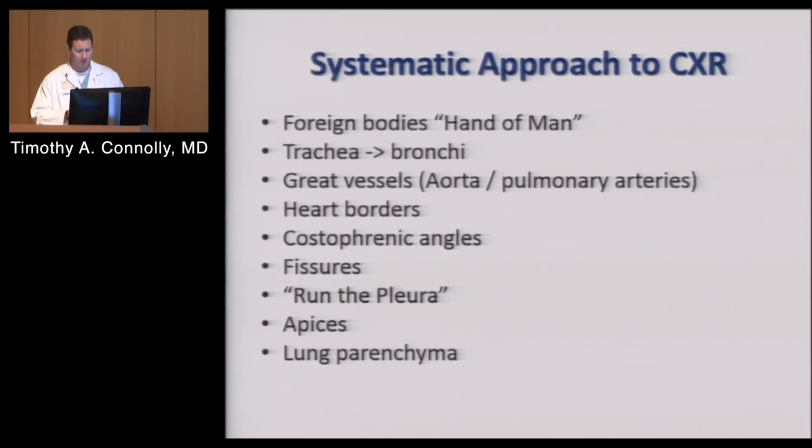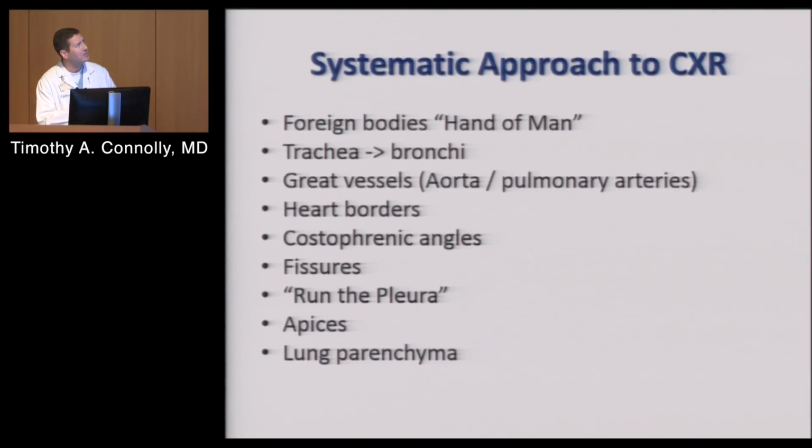So when I look at a chest X-ray, this is the order that I usually go through. First thing I want to do is see if there's any foreign bodies there. And I don't mean that they swallowed something. I mean, did we put something in there? Endotracheal tube, central line, pacemaker, et cetera. Then I focus on the trachea down into the bronchi.